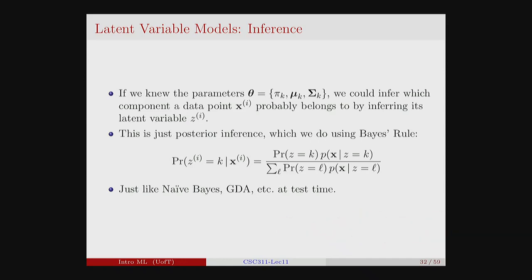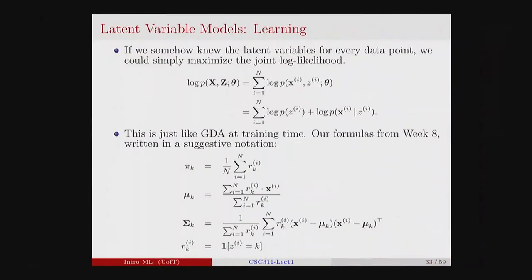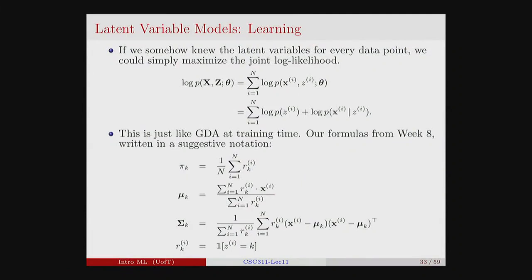And just as we did for GDA, you could run posterior inference to infer what the identity of the latent variable was, if you knew the parameters of the model. And now, if somehow you knew the latent variables for every data point, then this becomes a fully observed data set. So if someone magically gave you what the latent variables were for every single data point, then this reverts to the case of GDA.